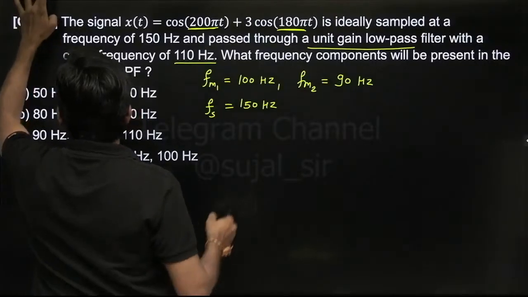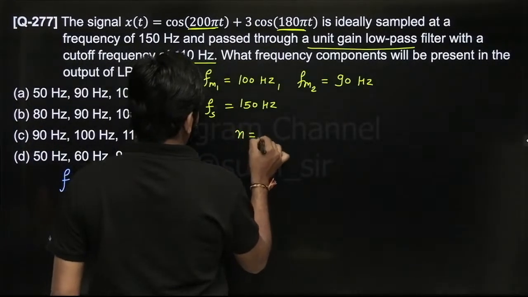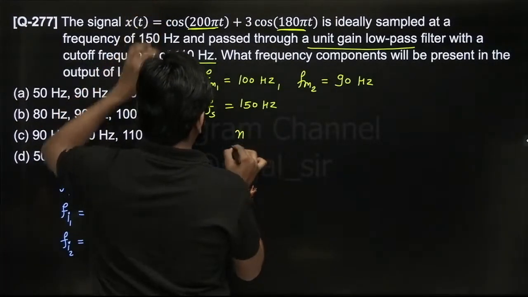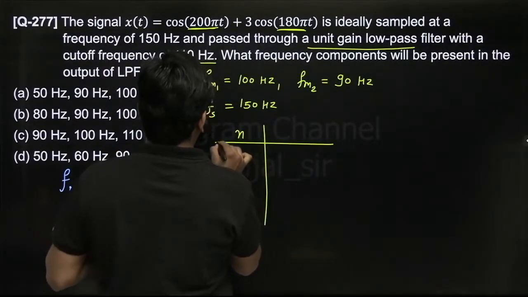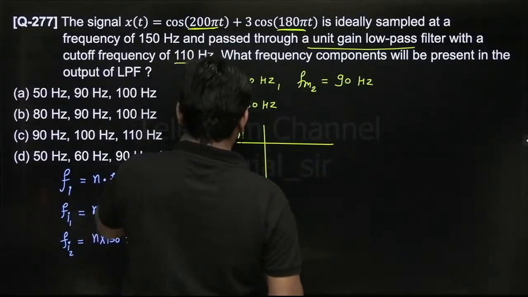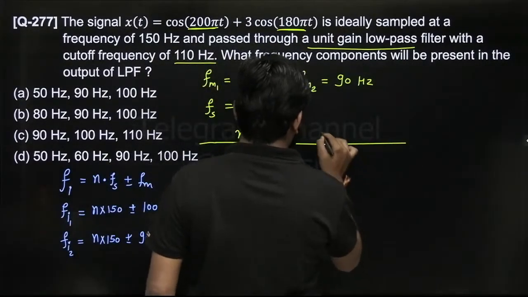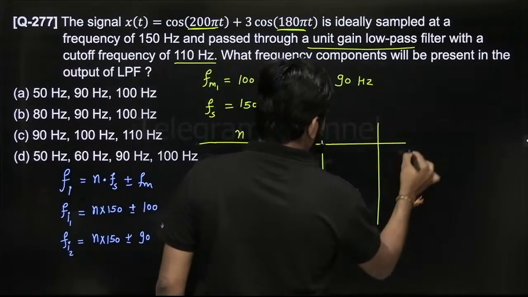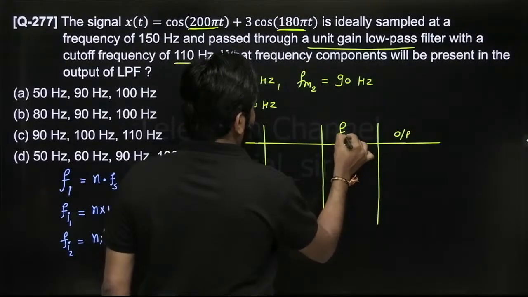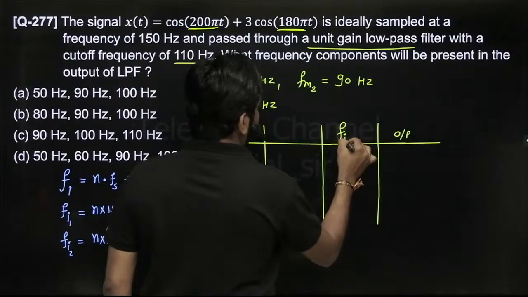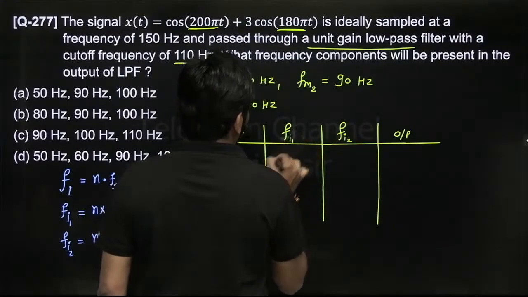Fs is the same for both. Now here I am writing different values of n, and corresponding frequencies you will get for Fm1 and Fm2. Here Fi1, Fi2, and here the output of the low pass filter.